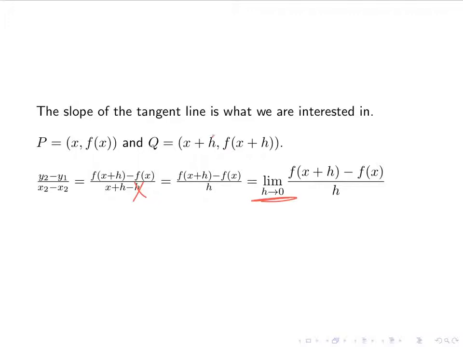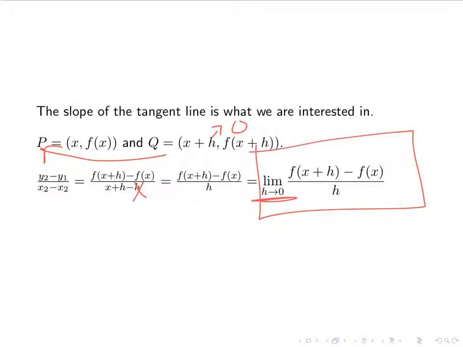As h goes to 0, Q goes to P. So this is the big thing that we're going to look at in this section. The limit as h goes to 0 of f of x plus h minus f of x all over h.